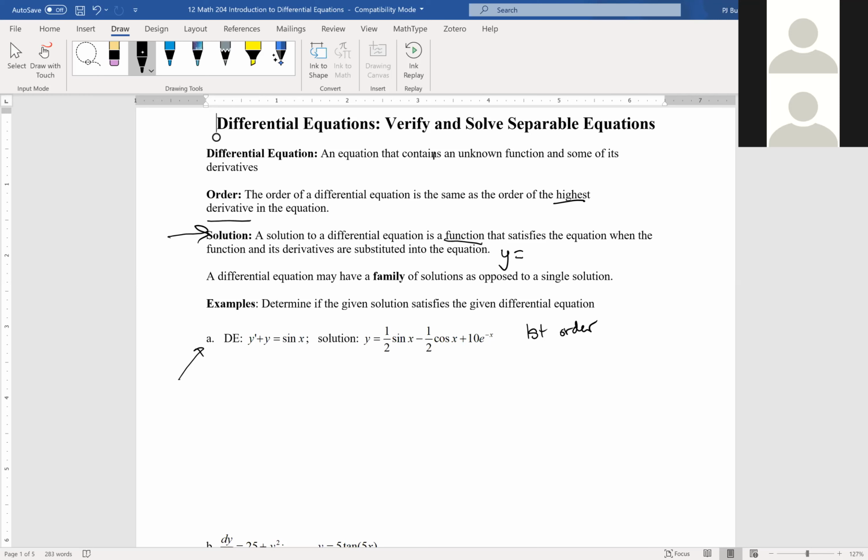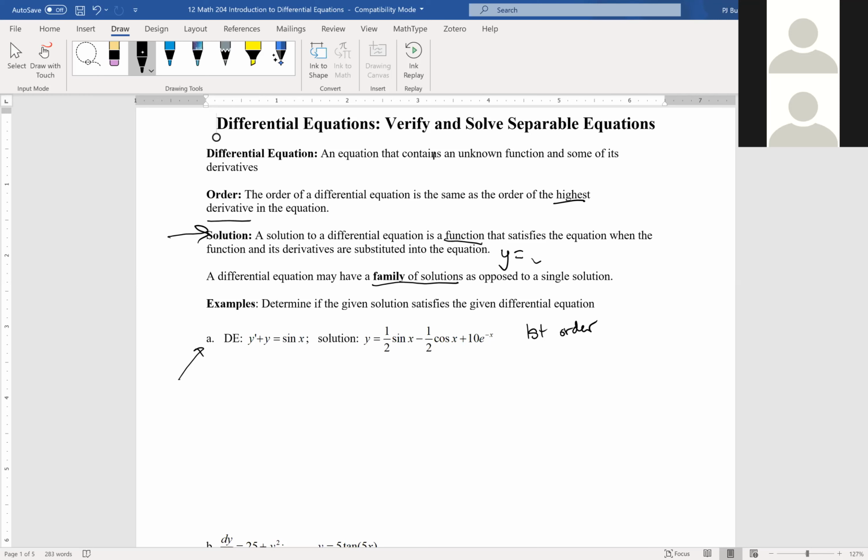And the part that I think is interesting is that these can be a family of solutions. So it doesn't have to be a clear-cut solution, right? There's a bunch of different solutions that work. And that's typically because we have plus c in there.